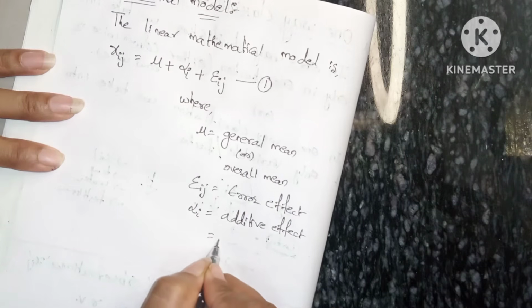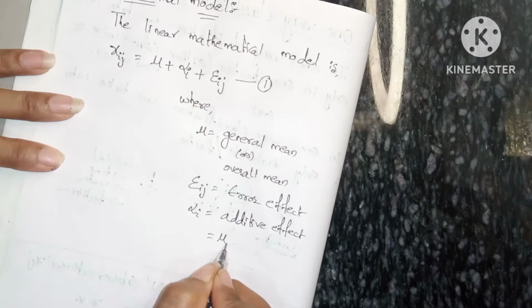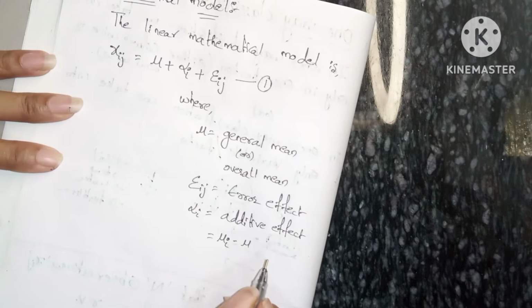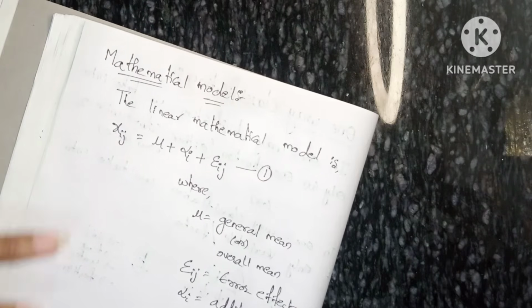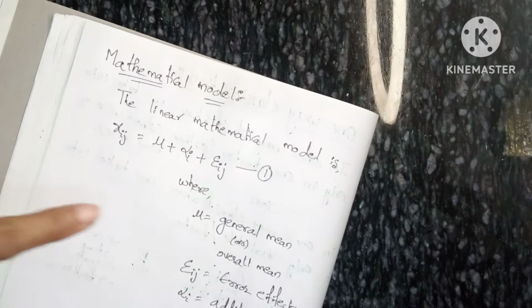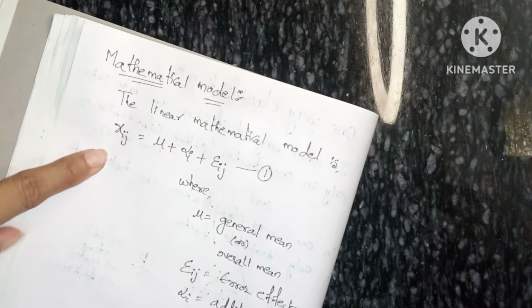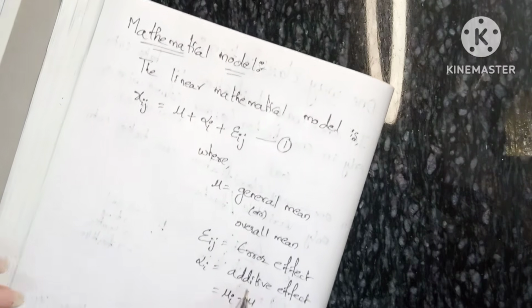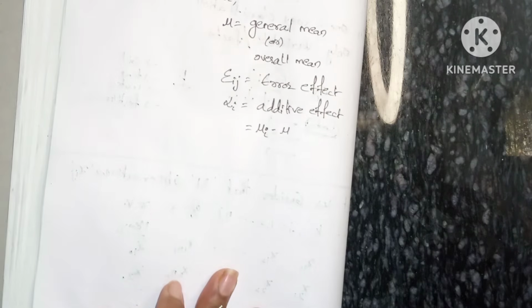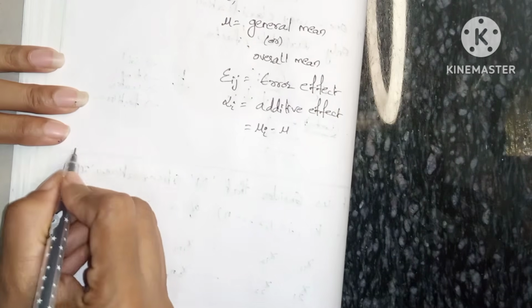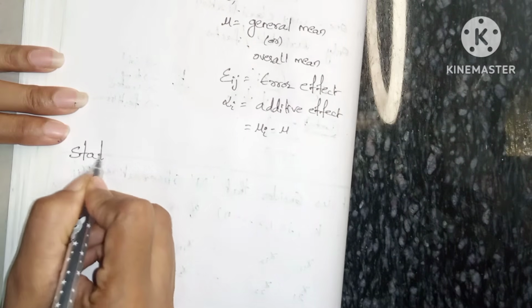So we can write alpha i as mu i minus mu. So this is about the mathematical model, so the equation will be in this format. Now we have to do statistical analysis.